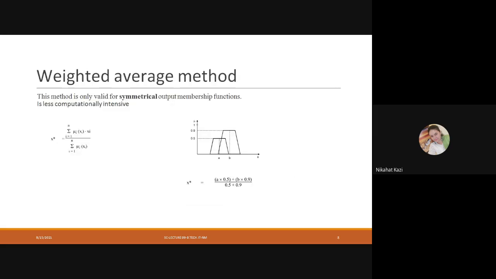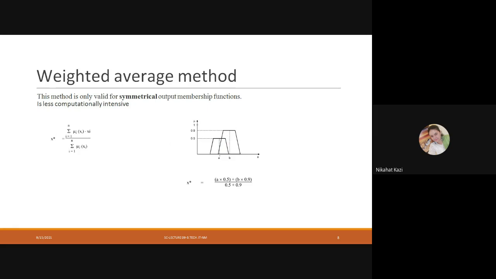Next is weighted average. So weighted average is valid for only symmetrical output functions. So if all your functions are symmetrical, then you can go for weighted average. Okay. And it is very simple. You need to just look at the center of the membership function and multiply with the weight or the membership values.